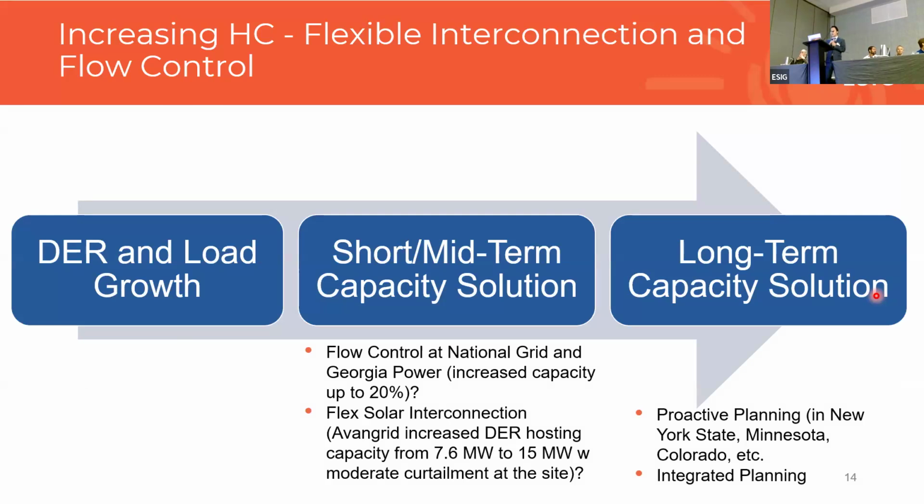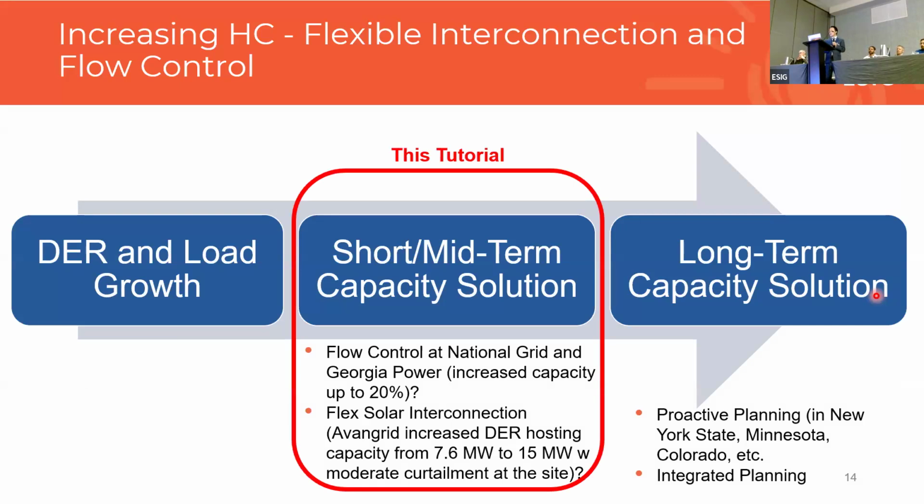So basically, with all the DR and the load growth, you have the short-term or mid-term capacity solution. That could be the flow control technology that we will be talking about today in this tutorial. That will be a low-cost solution technology. Indeed, our speaker, Mike Hannestad, was involved in two pilot studies. One is at National Grid, the other is Georgia Power.